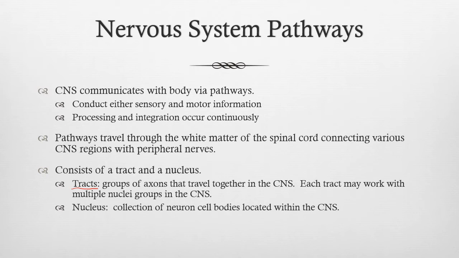The same kind of information is going to travel in the same areas, and the same area of the body is going to send that information into the same specific space as well. That makes sure that all the same kinds of information are getting to the same places within the brain, and then traveling to the right part of the cord when it's motor coming back down.